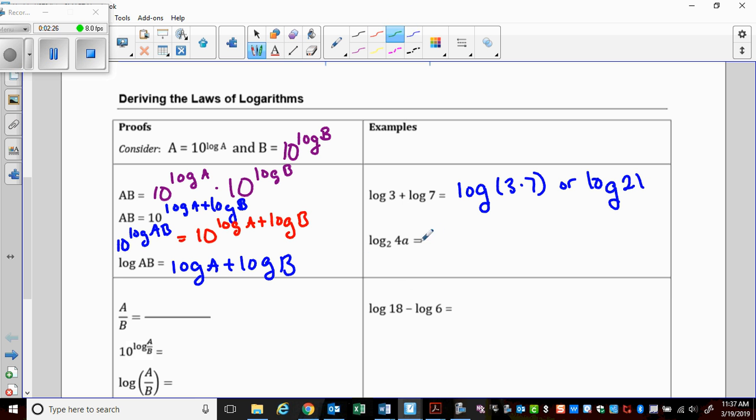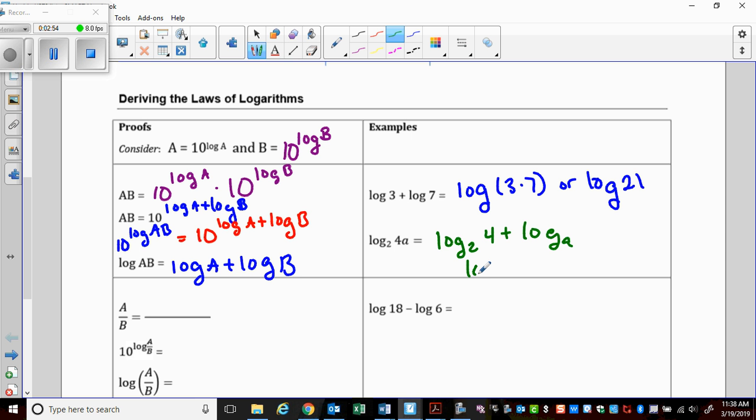So we're going to use this property to simplify these logs. We can do the opposite. We can expand them. If it's 4 times A, this is log, same base, 2 of 4 plus log of A. I know that 4 is 2 squared. I can actually simplify this further.